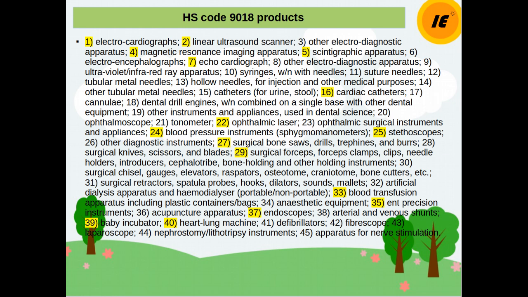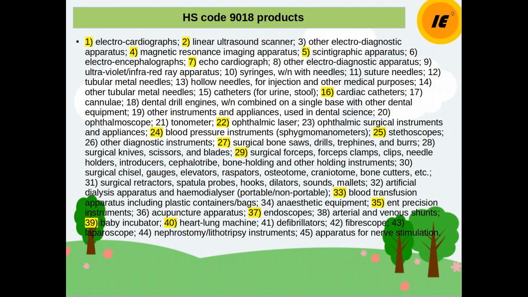medical stuff. For example, if I just read through the main ones: electrocardiographs, linear ultrasound scanner, magnetic resonance imaging apparatus, echocardiograph, cardiac catheter, blood pressure instrument, surgical bone saw, drill, etc., surgical forceps, clamp, clip, etc., blood transfusion apparatus including plastic container bags, ENT precision instrument.